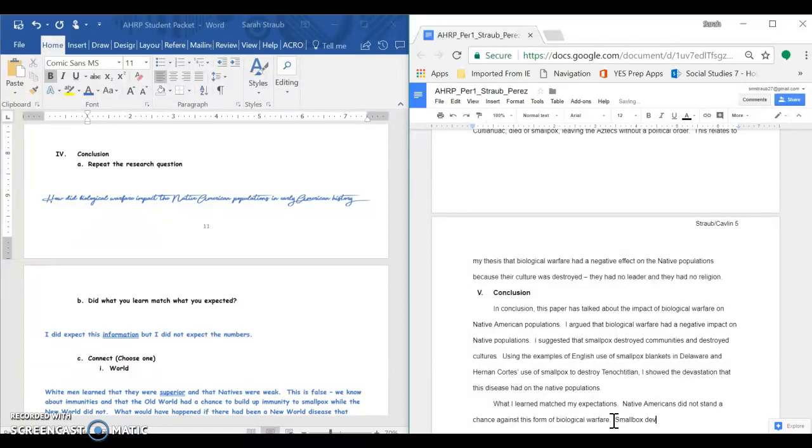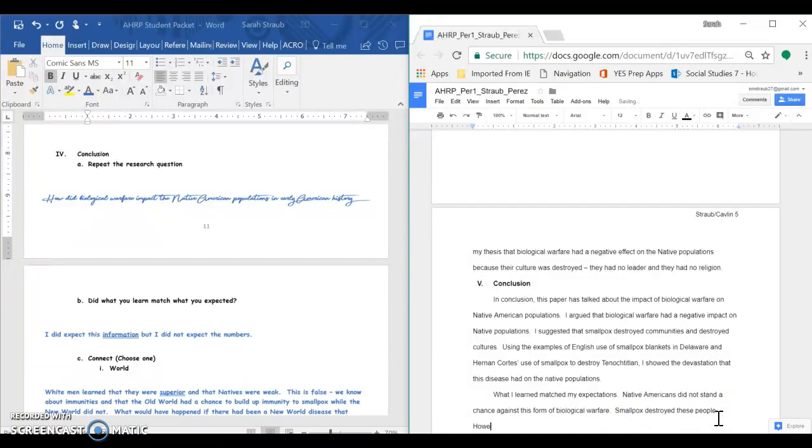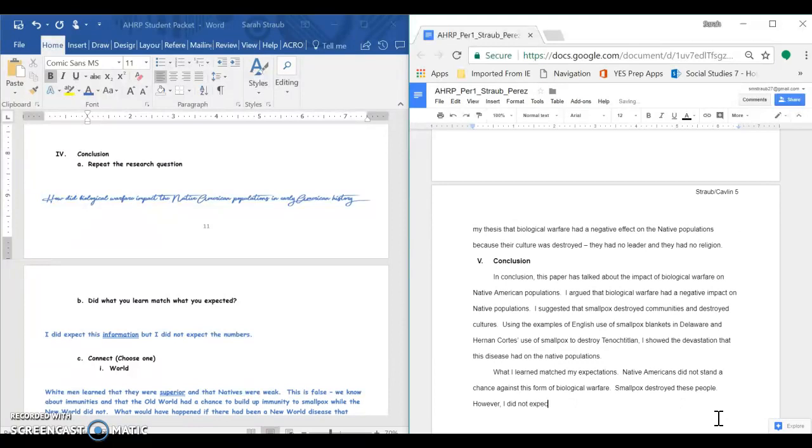Smallpox destroyed these people. However, I did not expect the huge numbers. Millions of Native Americans died. Then I would hit enter and tab, and I would go to my connections.